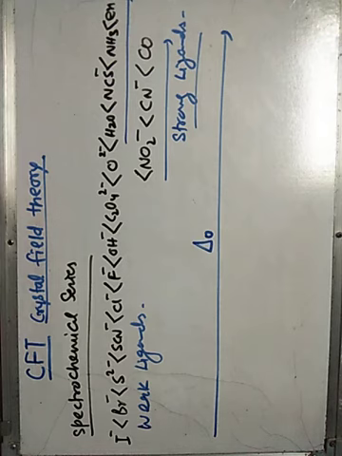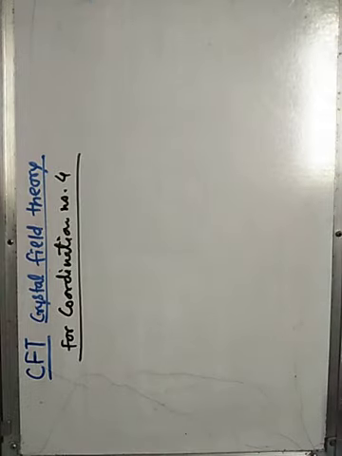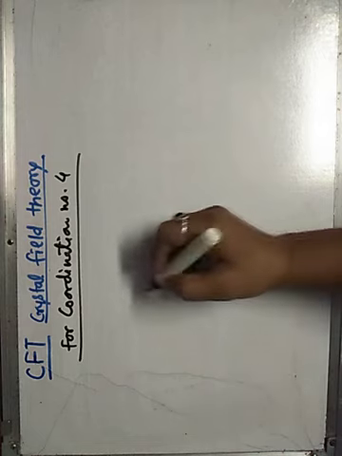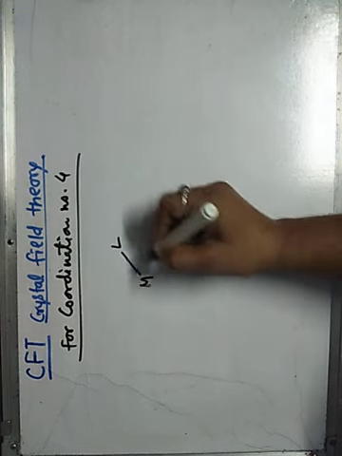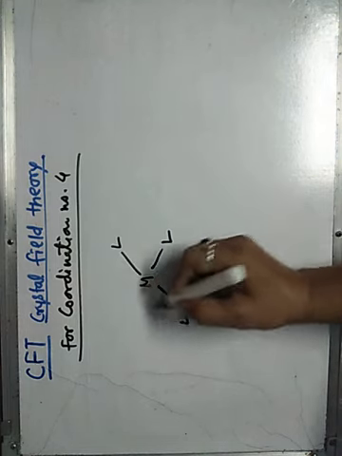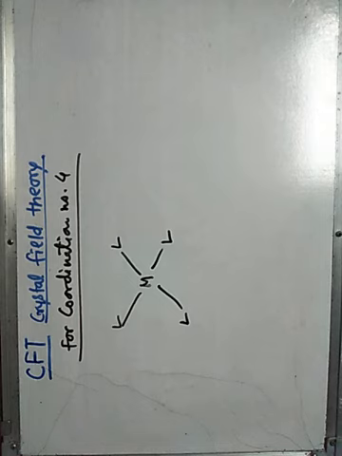All right, now we'll discuss the CFT for coordination number 4. We know that coordination number 4 means the central metal ion is surrounded by 4 ligands like this.